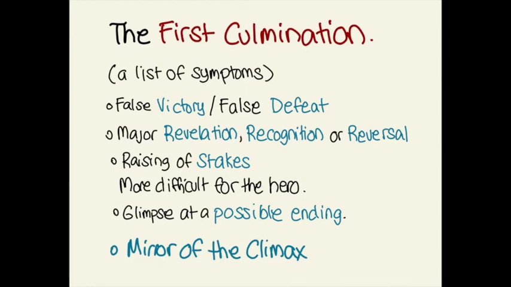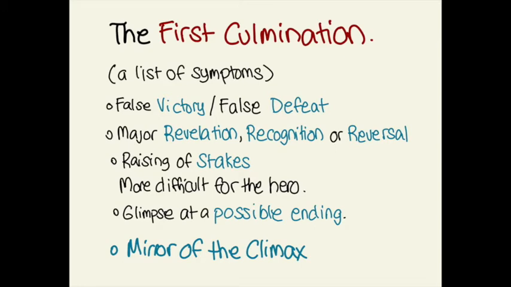So, the first culmination often, but not always, contains a false victory or false defeat, a major revelation, recognition, or reversal, a raising of the stakes, making things much more difficult for the hero. It is often our first glimpse at a possible ending for the story, creating audience speculation and anticipation.